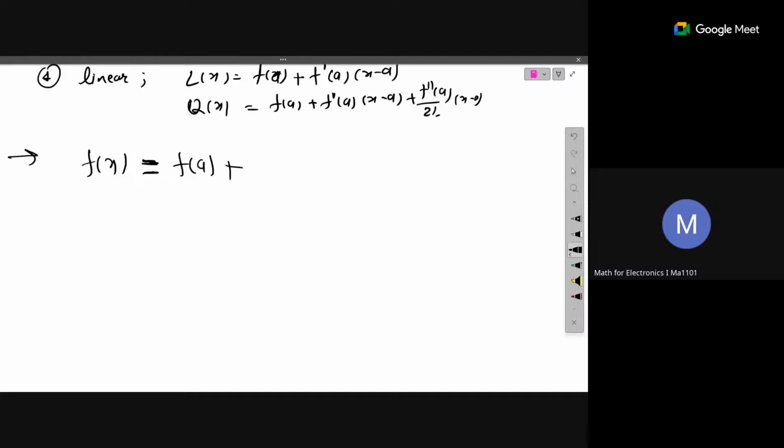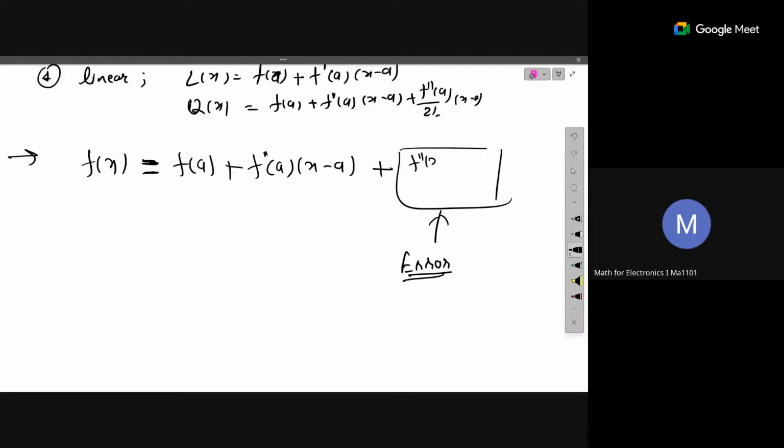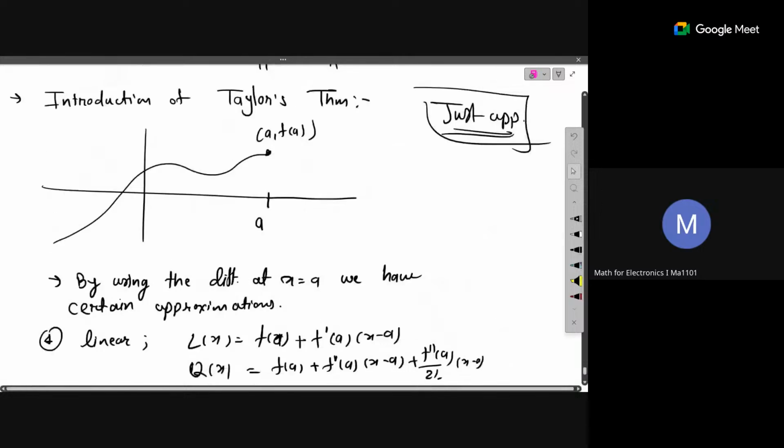It says f(x) equals f(a) plus f'(a)(x minus a) plus one error term. He is adding some error term, and this error term is given by the second derivative, that means f''(x naught) upon 2 factorial times (x minus a) the whole squared. Okay, so this is the particular error term, and here the point x naught also has a very specific position. That position is between a and x.